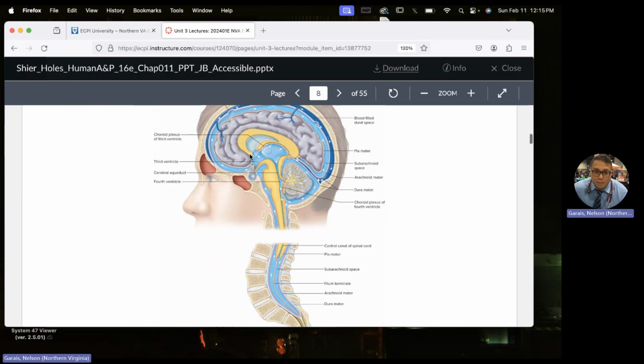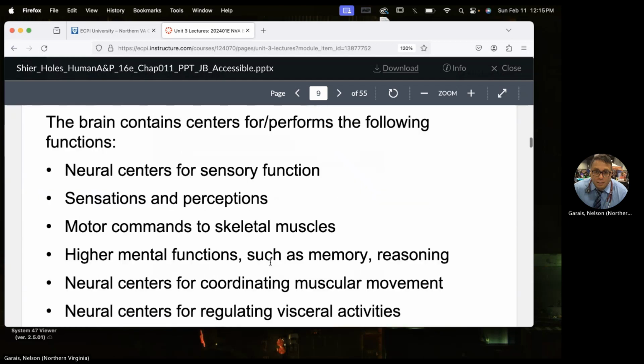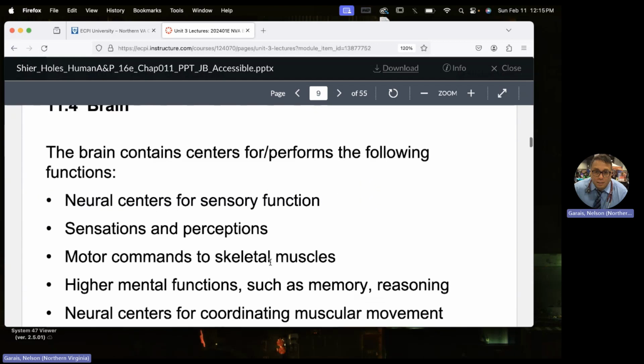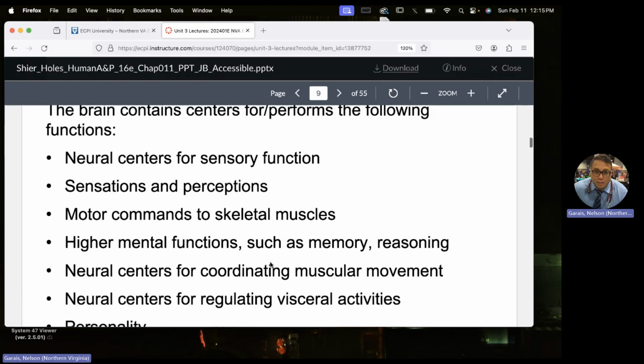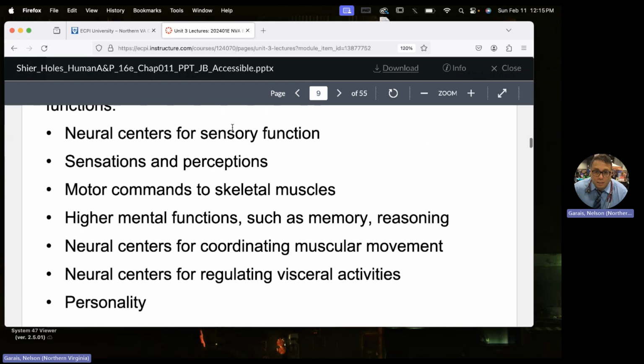And you could see how the brain coordinates with the rest of the central nervous system, which is the spinal cord. Brain contains centers for doing all of these. We know the difference between sensation and perception. Sensation is what? You feel hot. You feel either heat or you feel cold, zeros or ones.